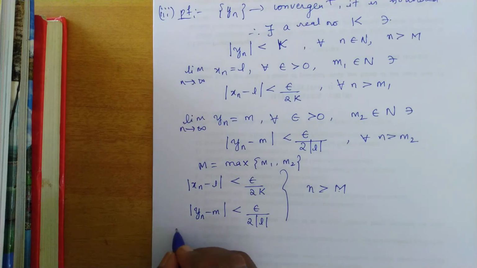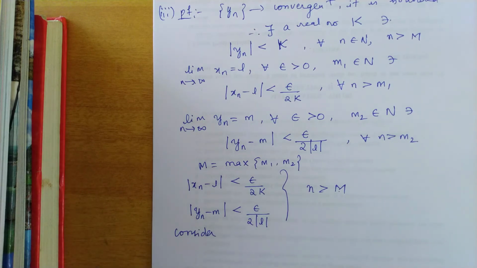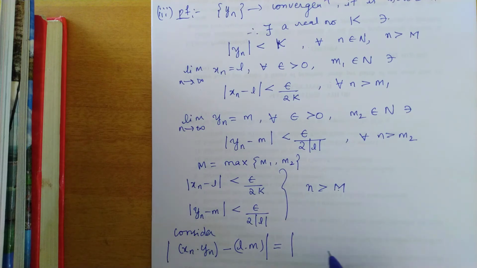Now, since we need to prove the operation multiplication with the convergent sequence, let me solve this. Modulus of xn dot yn minus L dot m. Let me add and subtract L dot yn inside the modulus.